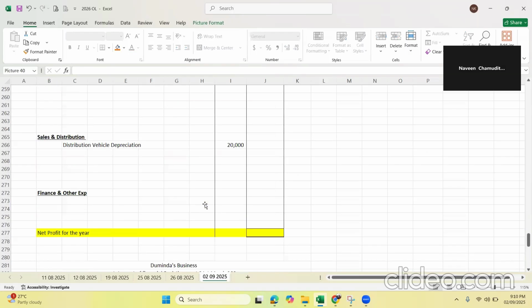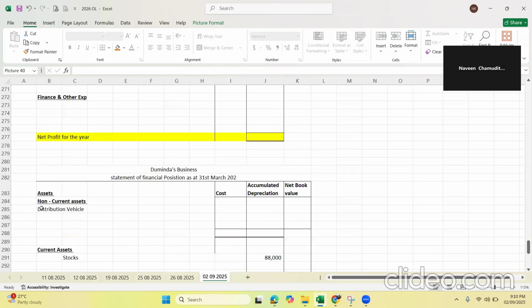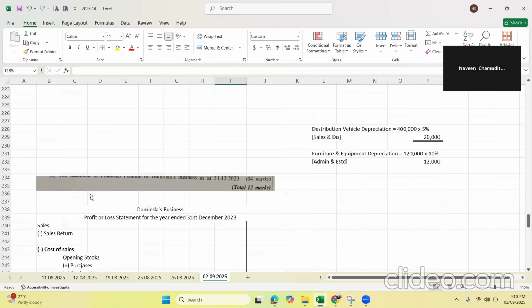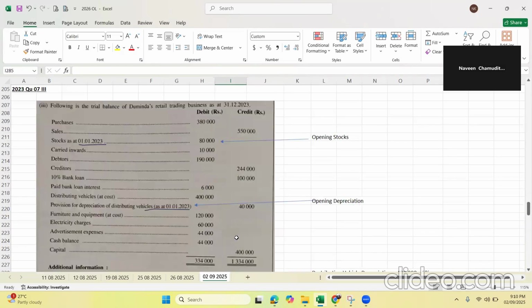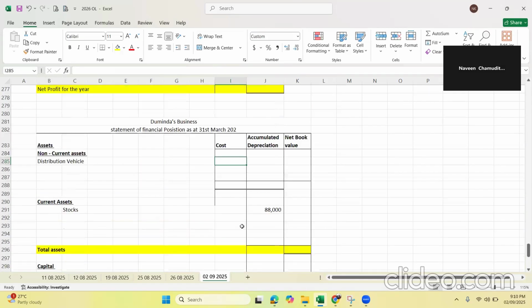So then go to the statement of financial position, non-current assets. Vehicles are non-current assets, right? We keep it for our business operation purpose. Distribution vehicle cost is 400,000. Just copy the figure. 400,000.